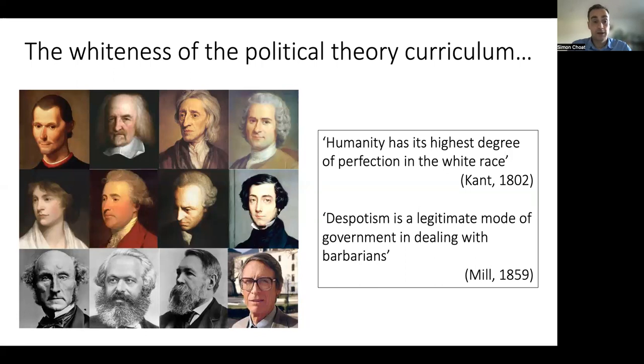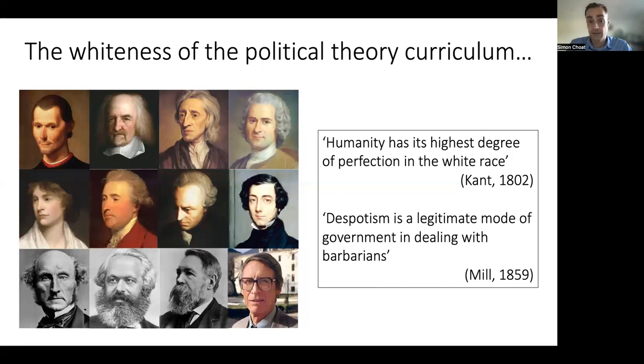Now, they're not only all white, these thinkers. Many of them are also explicitly racist as well. So I've given a couple of examples on the side of the slide there. I'm neither a Kantian nor a Kant scholar, but it is an undeniable fact that in numerous places in his published work, Kant makes explicitly and very strongly racist pronouncements.